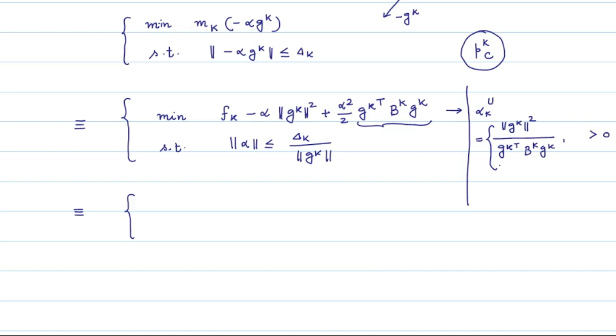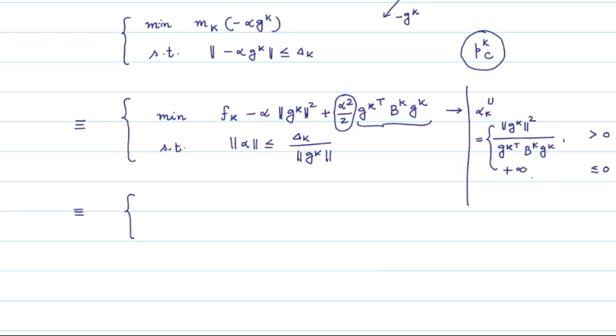However, if this denominator gk transpose Bk gk is not positive, then we can take infinitely large value of alpha. Accordingly, this objective function value gets arbitrarily large negative quantity, and hence in that case alpha ku is given by the value positive infinity.